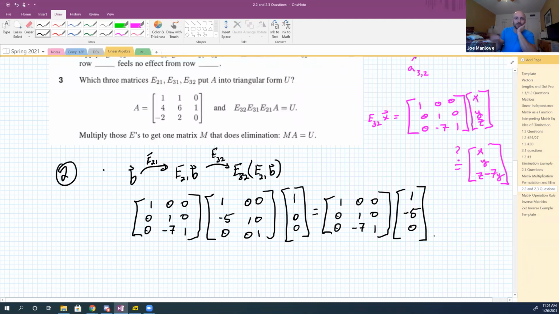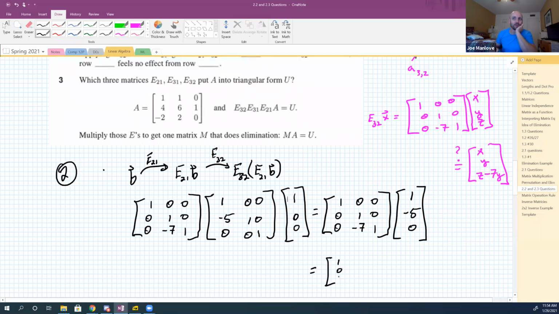That's kind of a bunch of pickups and drops on. Or you could think about it as, look, there's only a 1 in that top coordinate, so I'm just going to get 1 times the first column here. That's what this guy is. Everybody with me on that? Okay, now if I do this thing, I'm going to get 1 times that first column.